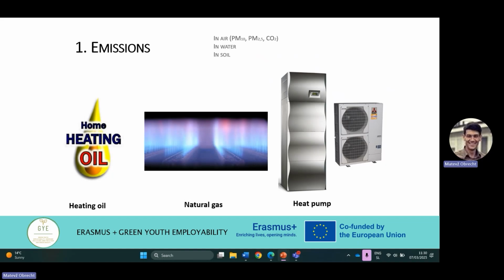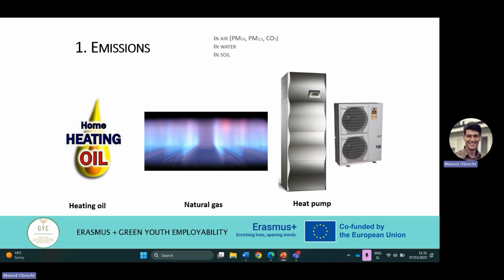So with the 2,000 liters of heating oil, we get rid of it, we install a heat pump, which is powered by electricity, and we can reduce the carbon footprint by up to 2.5 tons. Of course, it depends where the electricity for the heat pump comes from. It depends whether we have our own PV, whether it comes from hydroelectrics or some other, let's say, not that favorable energy source from the environmental perspective.